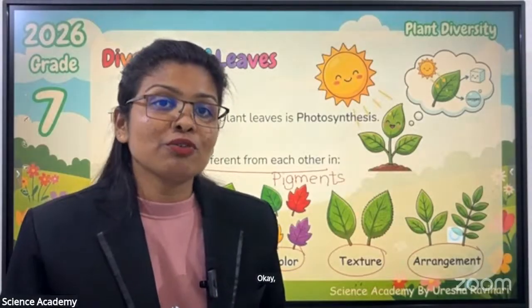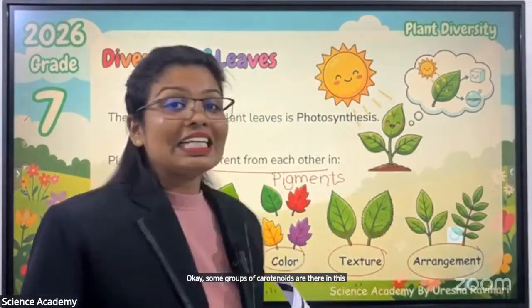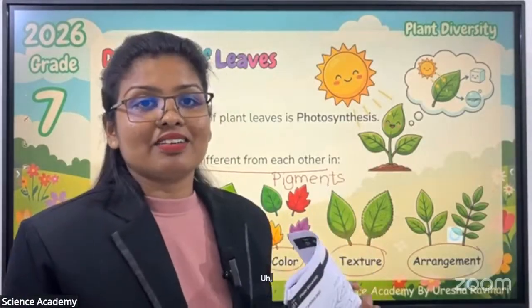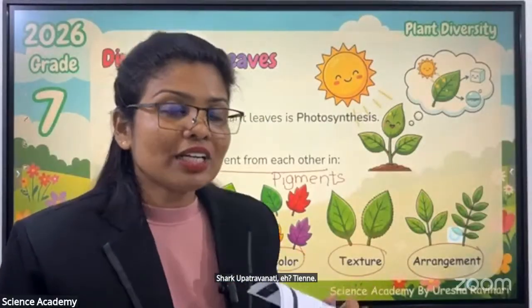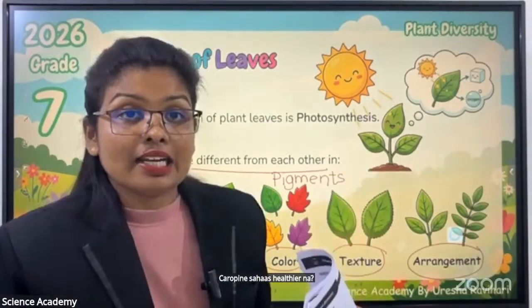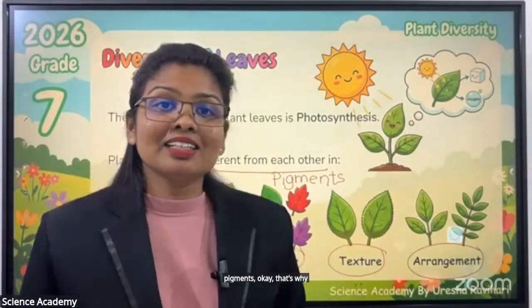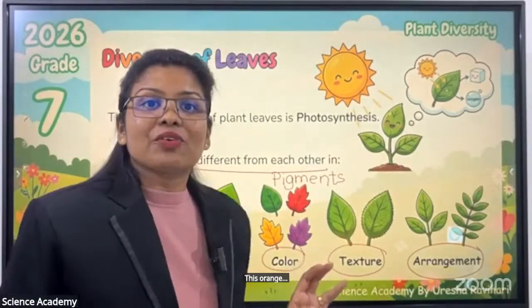Some groups of carotenoids are there in these plant leaves, making a part of it. That's why those are in orange, purple and red color.